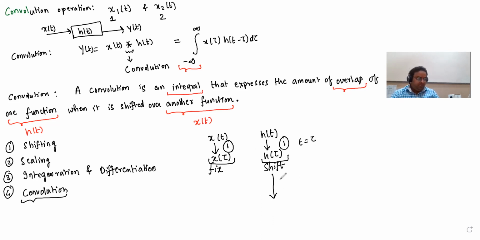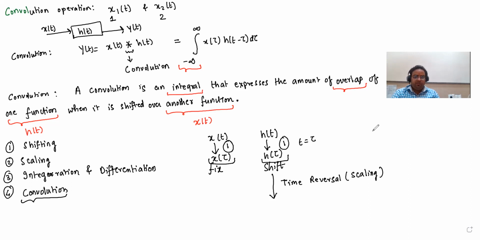The next thing we do is basically a time reversal operation. And the time reversal operation, as we know, is a special case of scaling. We essentially scale that signal with -1.